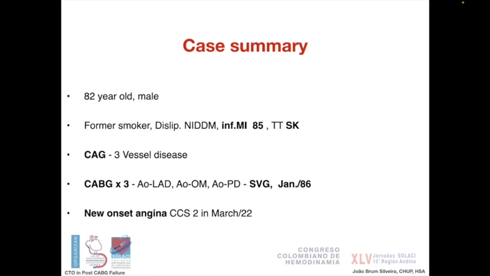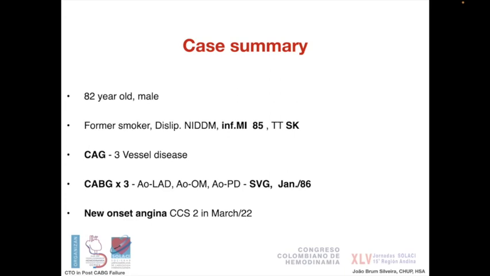At that time, you used streptokinase. He had a coronary angiogram, which showed three-vessel disease. Because this was 1985, we didn't have much material or experience, so we performed a CABG: aorta to LAD, aorta to obtuse marginal, aorta to PD with saphenous vein grafts.